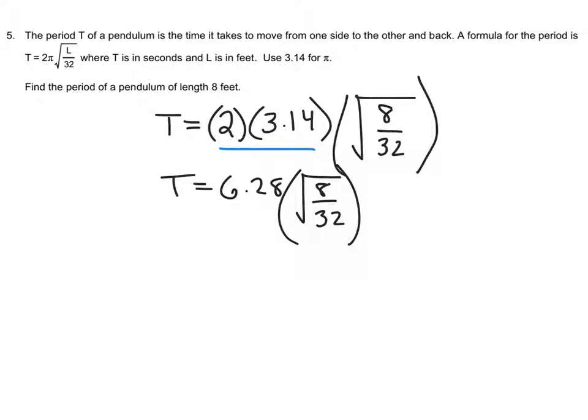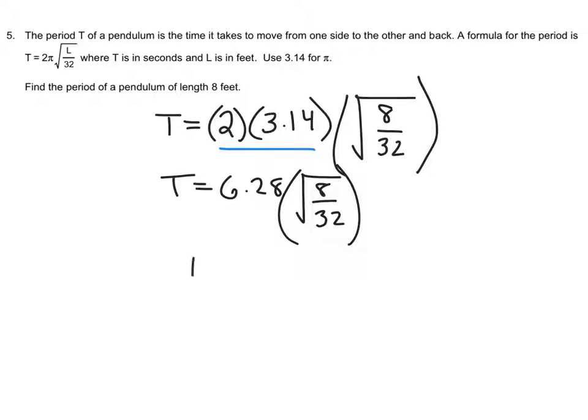So on your calculator, you'll type the square root button and then parentheses 8 division symbol 32 end parentheses. And you should get a value of 0.5. Again, all calculators are different, so you'll need to do the order of operations according to your calculator.